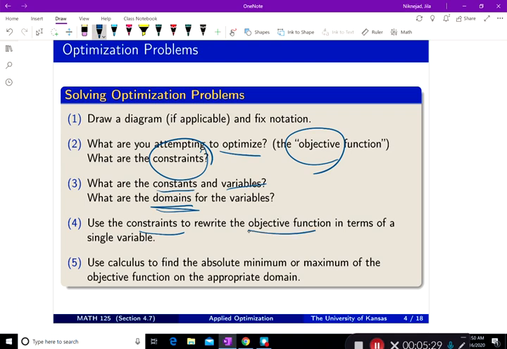Calculus 1 is all about one single variable. We've been doing this in pre-calculus pretty often, but now it's more and more of that. Then you use calculus to find the absolute minimum and maximum of the objective function on the appropriate domain.